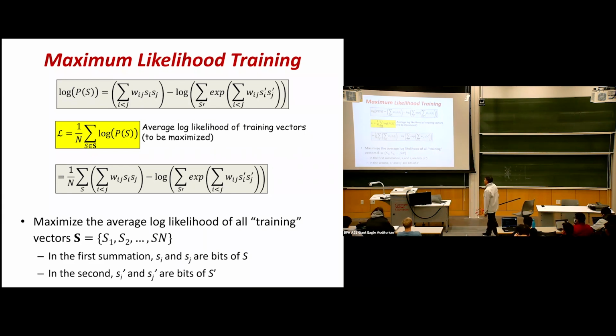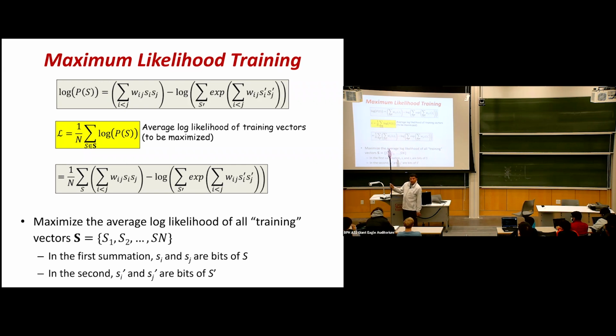And so now, if I want to take the average log likelihood of my training data, I'm going to be taking the average of this term on top over all of my training examples, right? That's simply going to be this average over all of the patterns that I have in my training data of this term, where this term is computed for each pattern that I'm summing over.